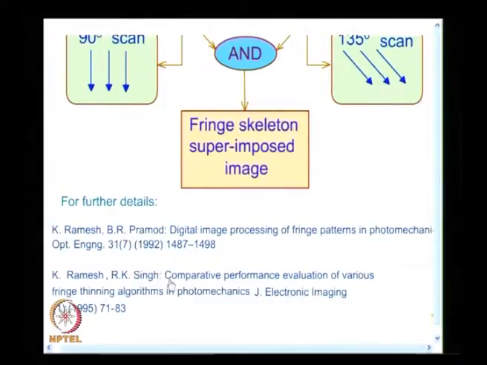The second paper on comparative performance evaluation of various fringe thinning algorithms in photomechanics really brings out the advantage of the global fringe thinning algorithm in comparison to other fringe thinning algorithms, both binary based and intensity based algorithms, which are essentially mask based. So, it is a step forward in the direction of finding out fringe skeleton comfortably as far as photoelastic images are concerned.